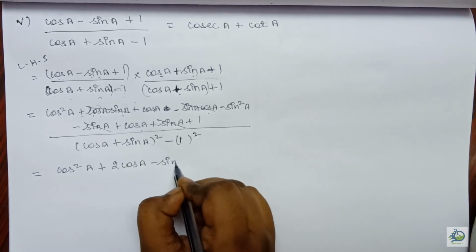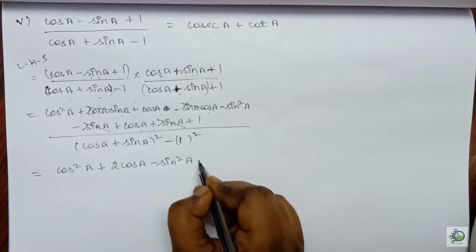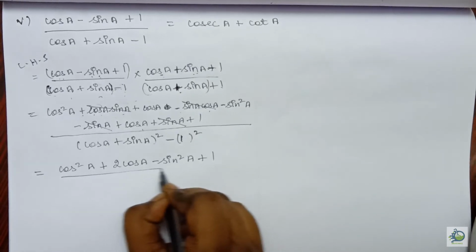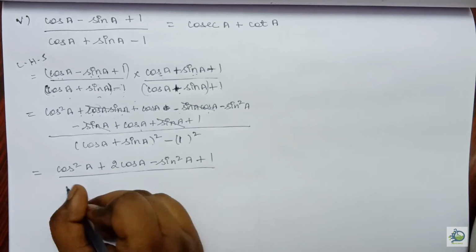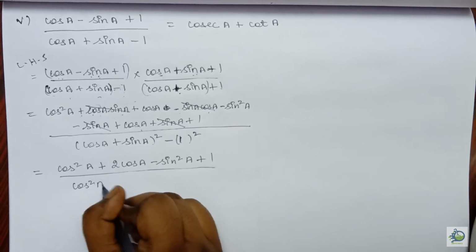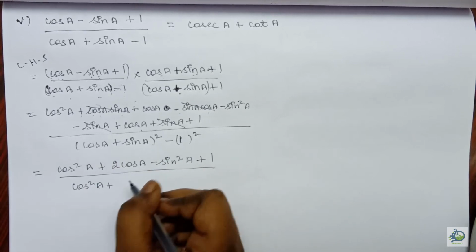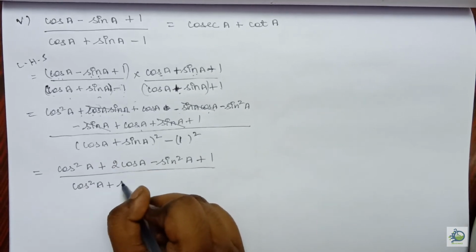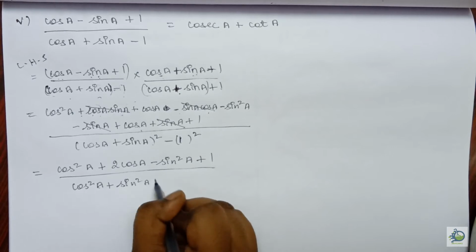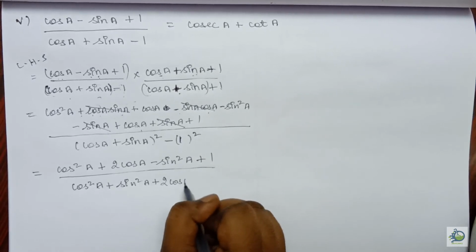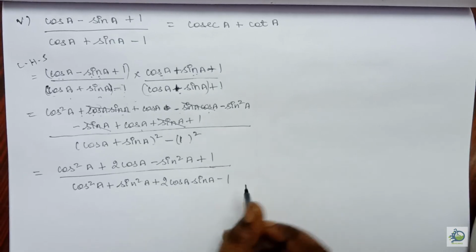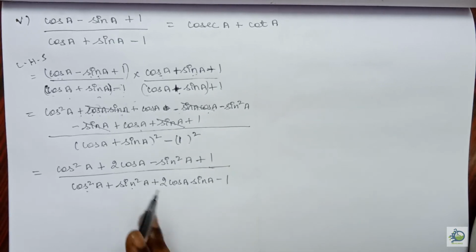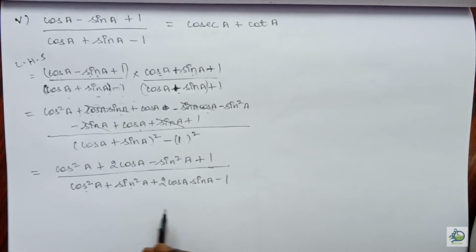So minus sin squared A plus 1 divided by, here we can expand this as cos A plus sin A the whole square according to the identity, cos square A plus sin square A plus 2 cos A sin A minus 1. Here we know that cos square A plus sin square A is 1. So instead of that we can write it as 1.